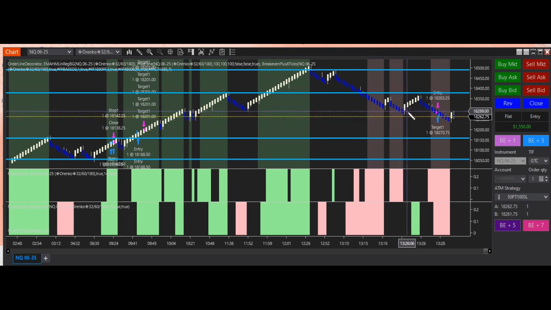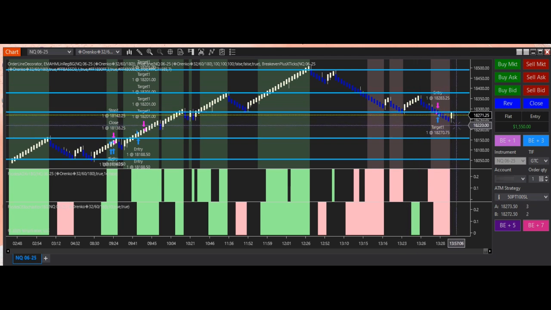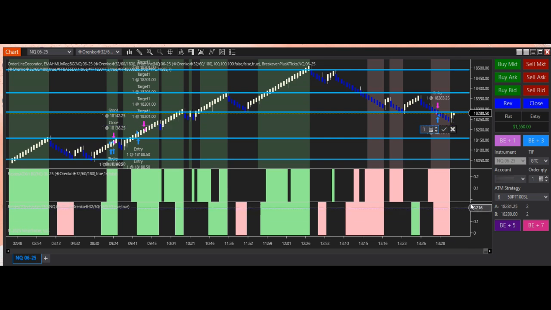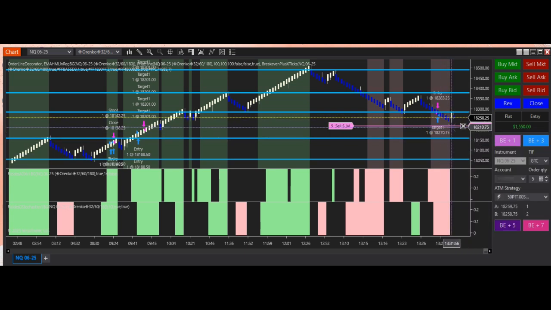Right now you can see I'm drawing some support line, right at this level. I'm actually putting a buy limit, no, actually a sell limit order right here, 5 contracts, because you can see that we're in a downtrend, with lower lows and lower highs, right?